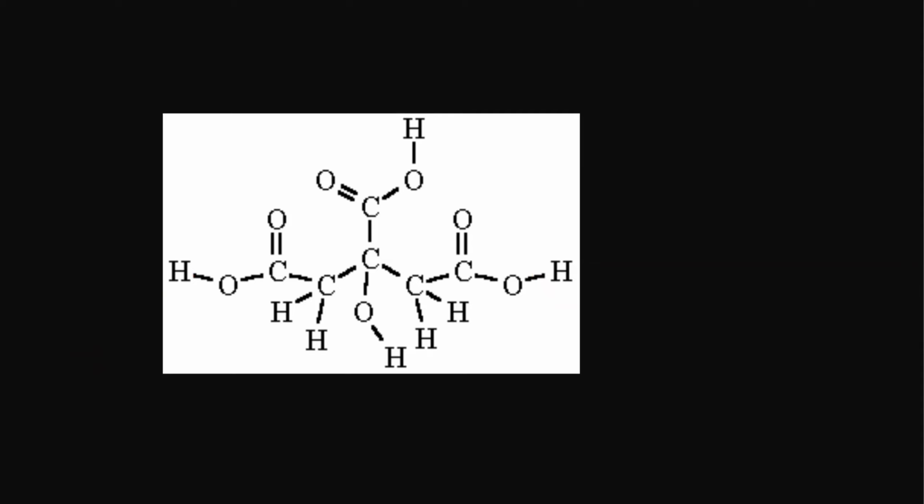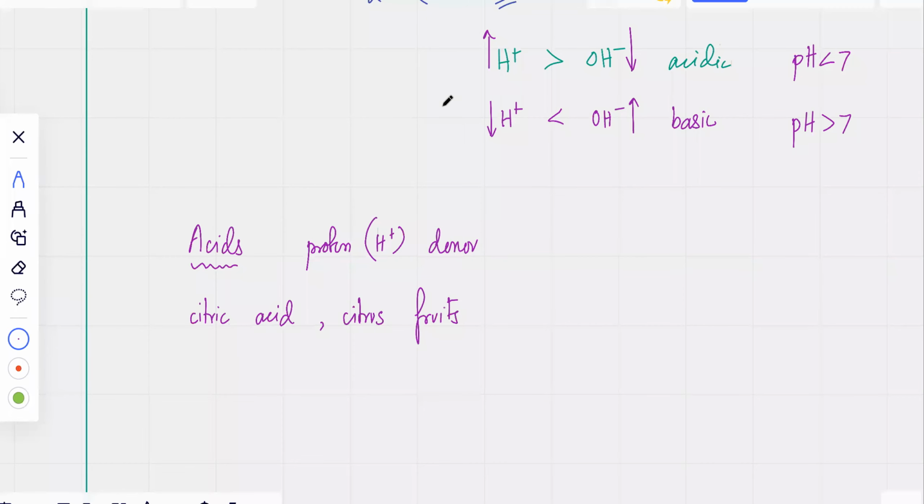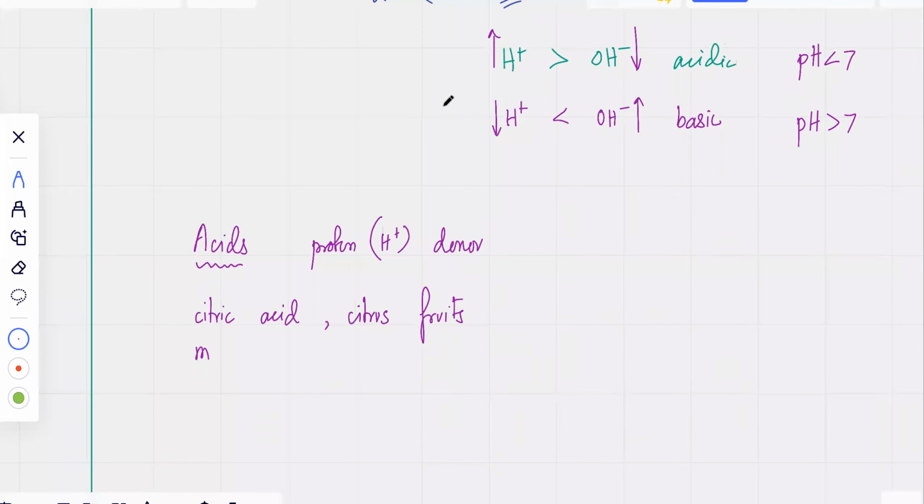So that is what an acid is. But you've got other acids as well, not just citric acid. There's malic acid, that's in apples. We are made up of proteins or amino acids, which means we are made up of a molecule that's actually an acid, because it's capable of doing the same thing.